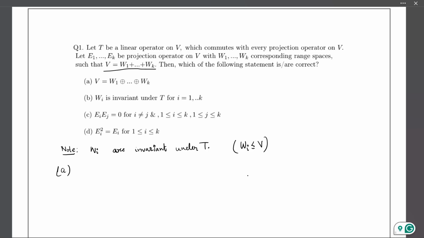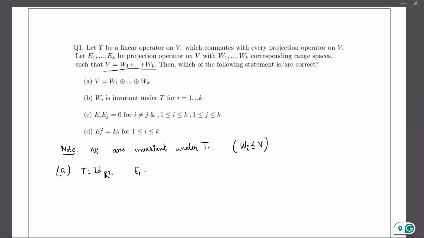In the first option, there is no involvement of T. They are just saying the WIs are T invariant, that's all. So take T to be the identity operator on R2.